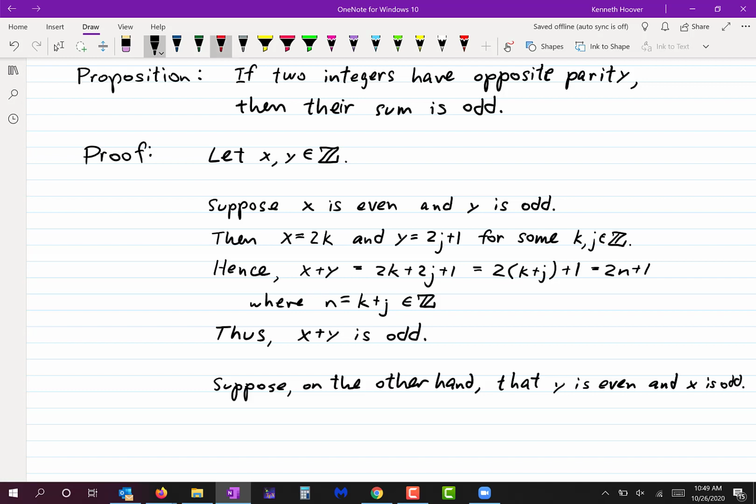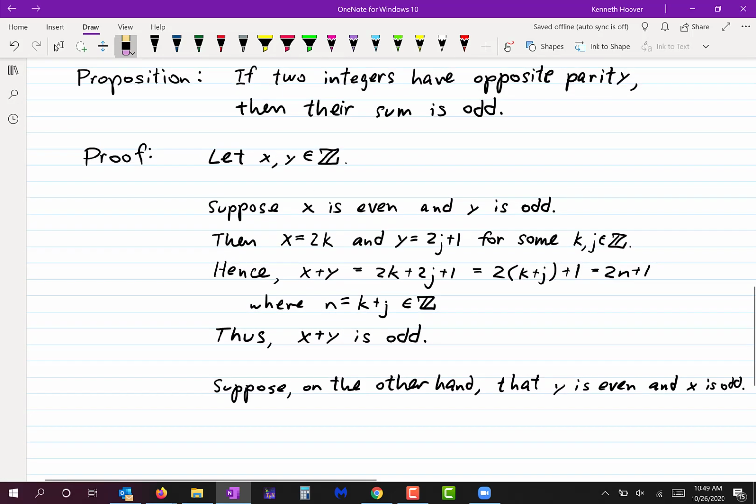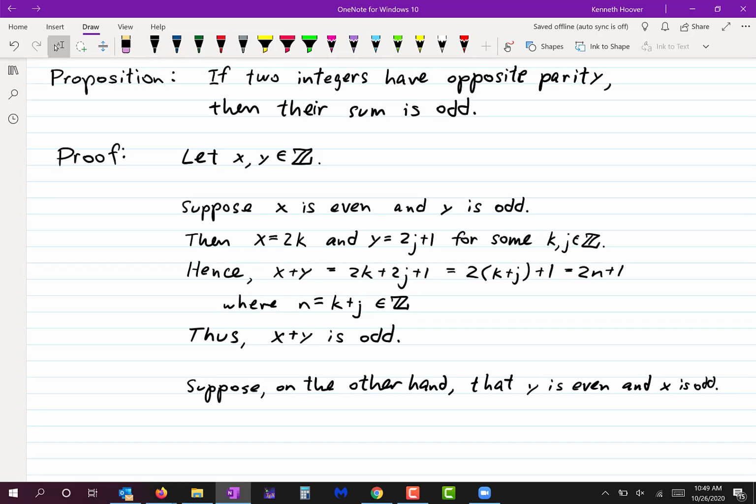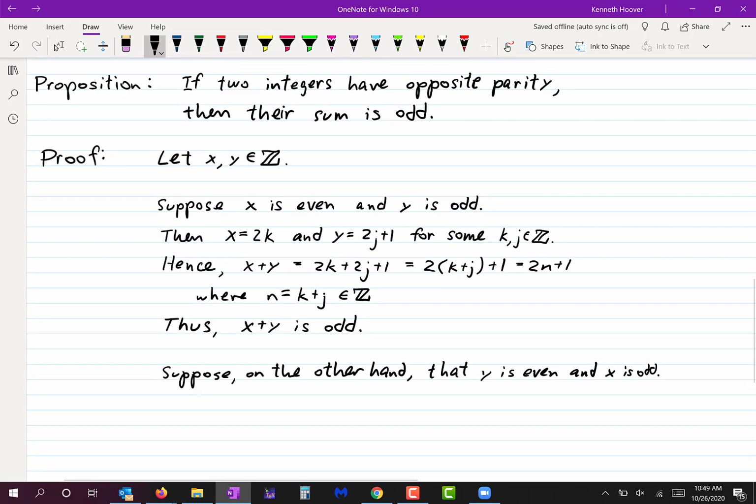So all I did was take the letters x and y and swap them, right? That's the only difference. Which means everything else is going to be the same except just the letters x and y switched. So we'll have then y equals 2k and x equals 2j plus 1 for some integers k and j. Oops, I forgot my comma.